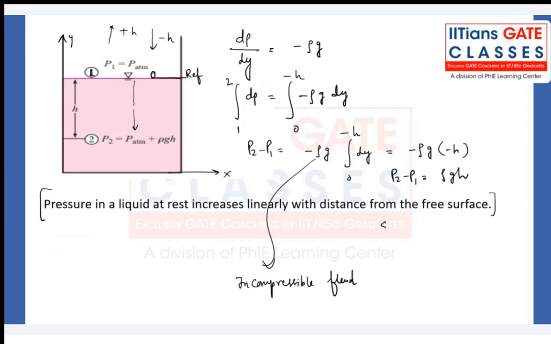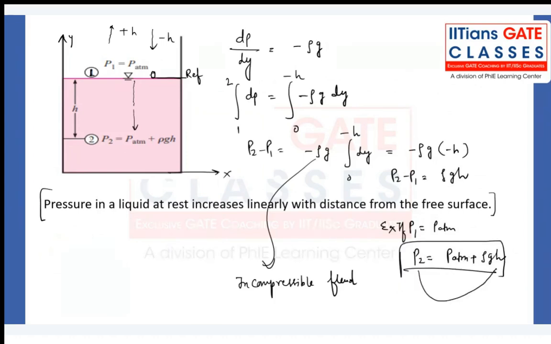For example, if p1 is p atm, then p2 can be written as p atm plus rho gh. That is how you can see that pressure varies linearly with height from the free surface. Make a note of it.